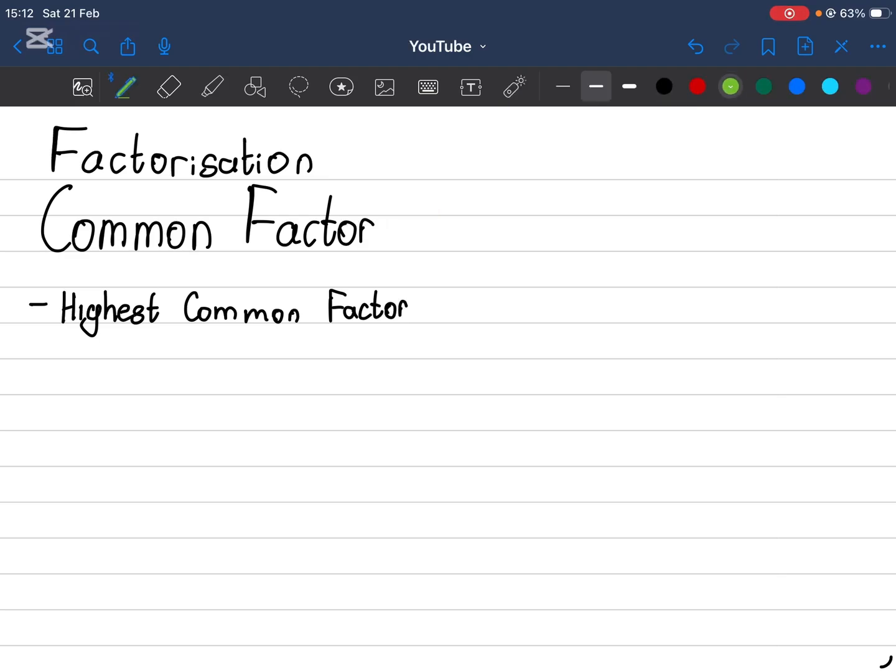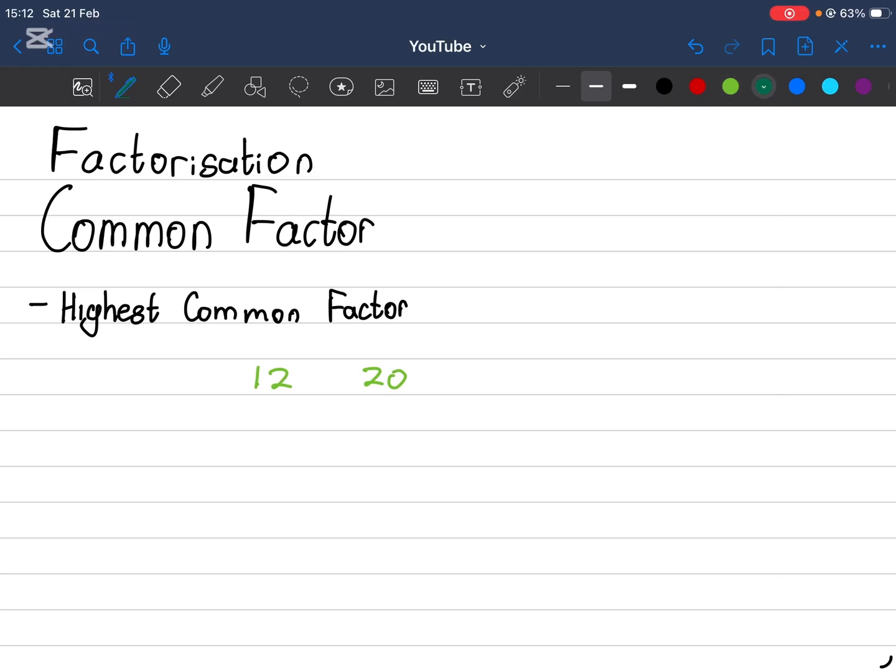What does the highest common factor have to do with? Consider two numbers, let's say the number 12 and the number 20. You would then need to find something called the highest common factor.